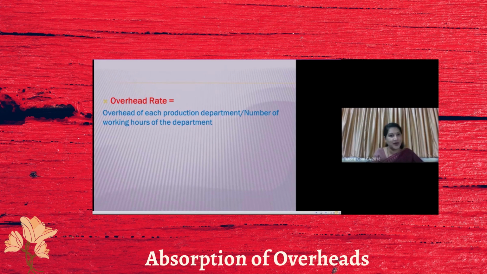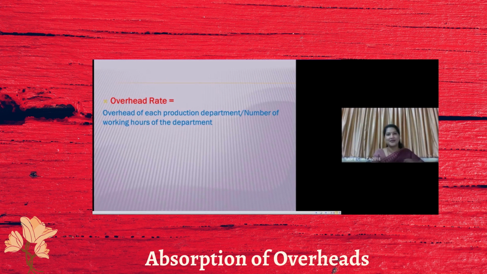You can also divide it by the number of units produced. But this is one method of computation: overhead rate is equal to overhead of each production department divided by number of working hours of the department. Later we are going to look into a detailed analysis of the same scenario.